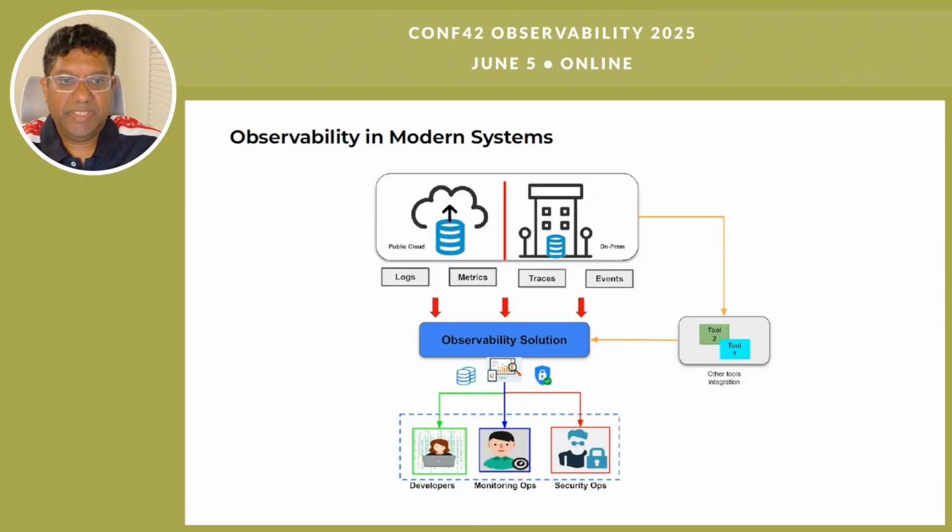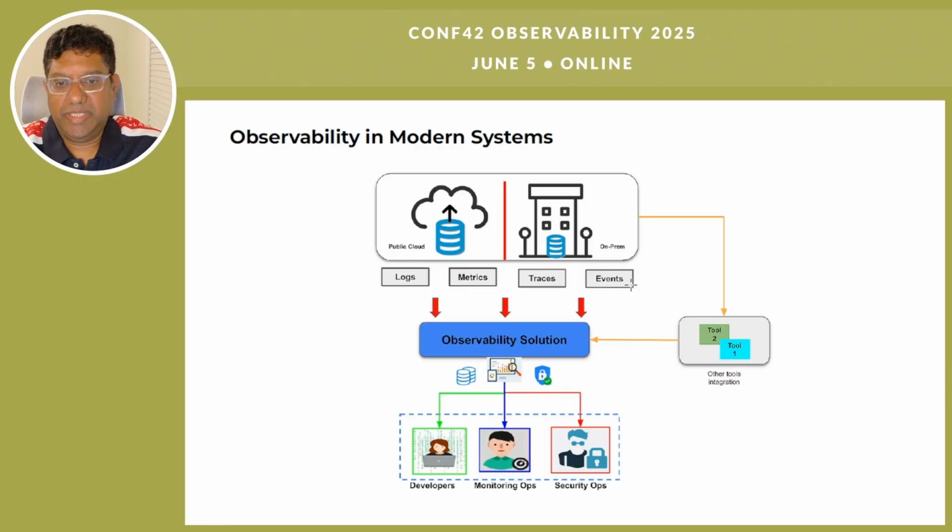This slide explains the pictorial way of observability in modern systems. So here you see the application could be in public cloud and on-prem, and we receive various telemetry data. We call this MELT: M for metrics, E for events, L for logs, and T for traces.